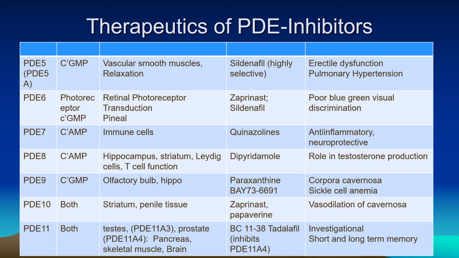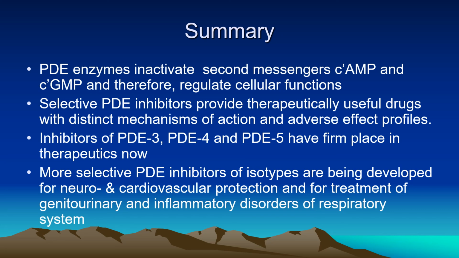So this is how the development of selective phosphodiesterase inhibitors is being carried out for therapeutic benefit in specific disorders affecting particular systems. To summarize, the phosphodiesterase enzymes inactivate the second messengers cyclic AMP and GMP and therefore regulate cellular functions.